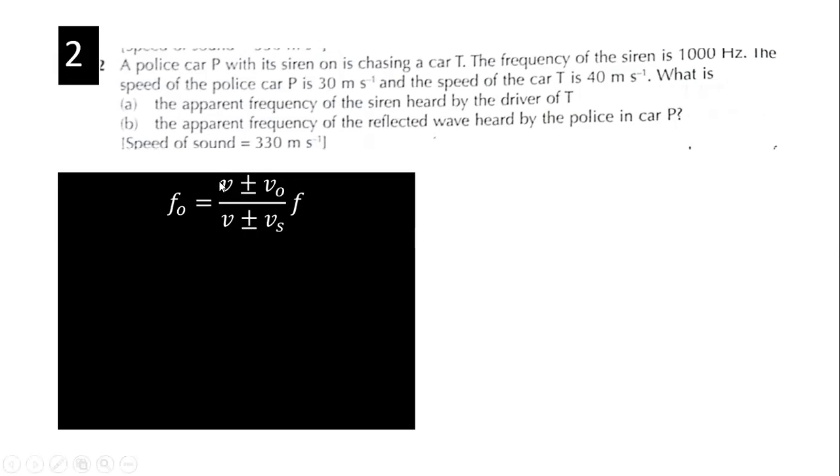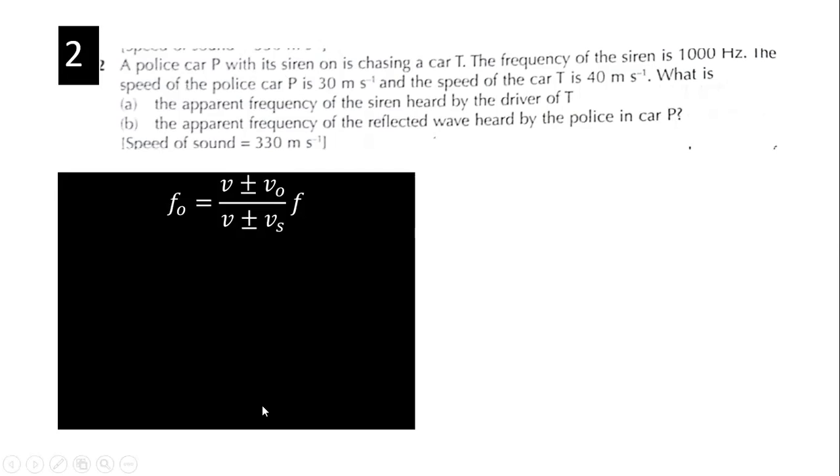Observer and the speed of sound, and the police car, are they in the same direction or opposite to each other? The car is moving away. The police car is chasing. So the sound wave and the observer are moving away from each other. So the first thing to decide, this is negative.